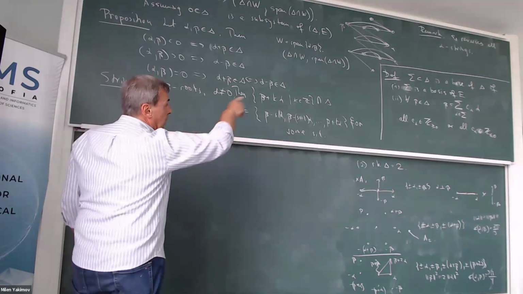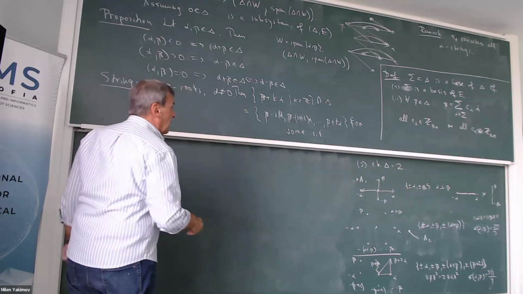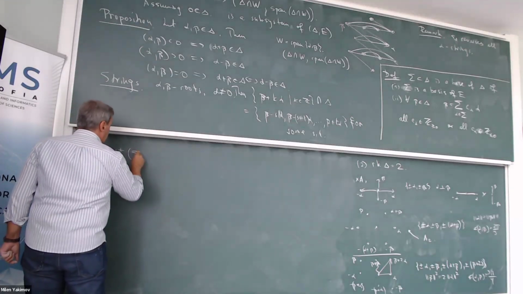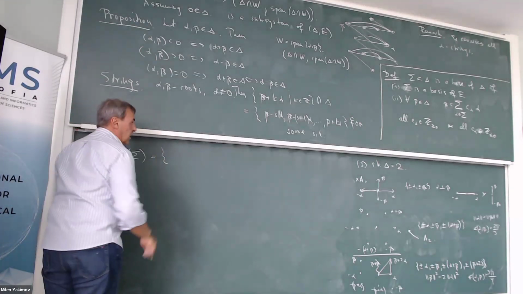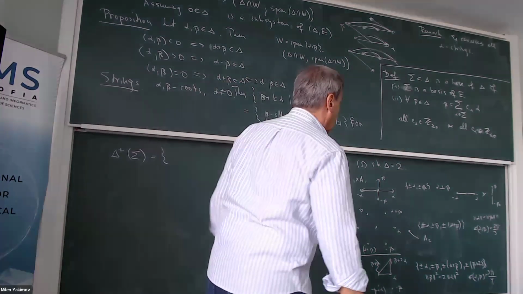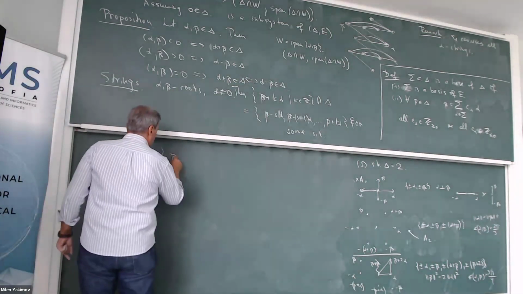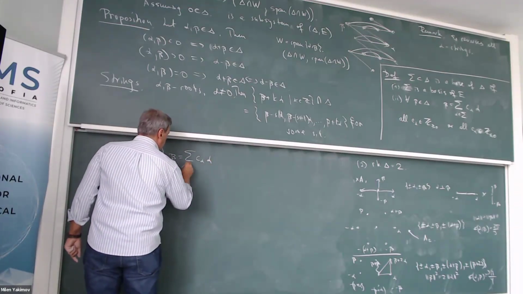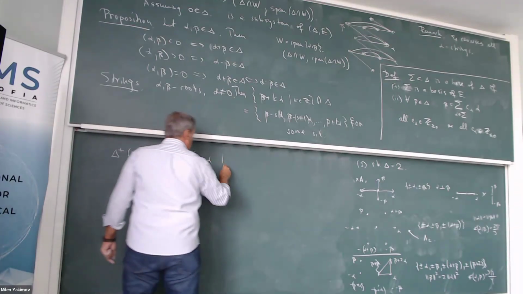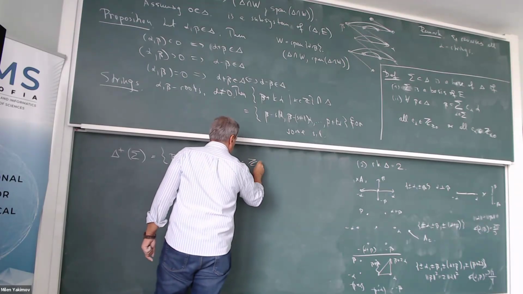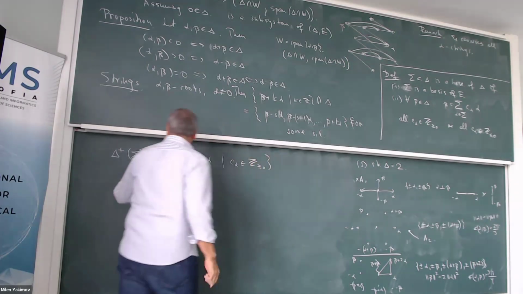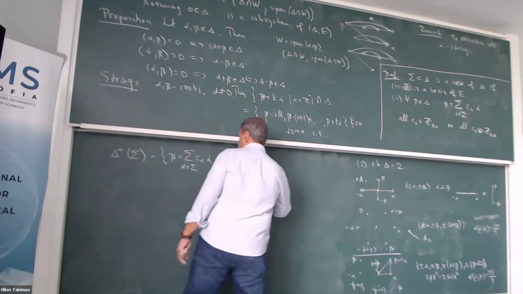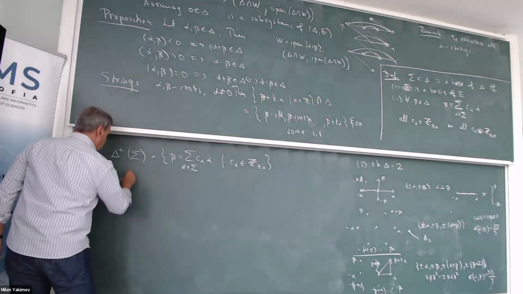So if I have a base, then I can define delta plus of sigma as clearly all the roots that are beta equals the sum of C alpha alpha, alpha in sigma, C alpha non-negative integers, and delta minus in a similar way.